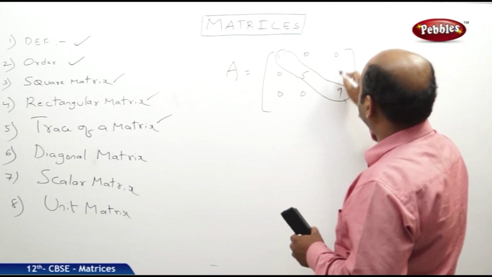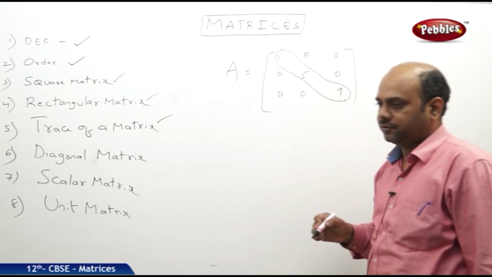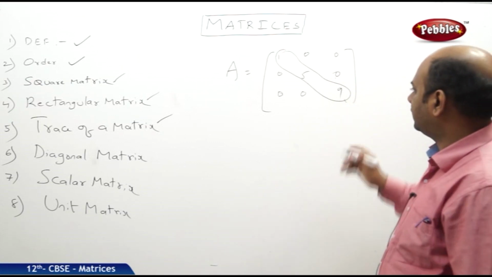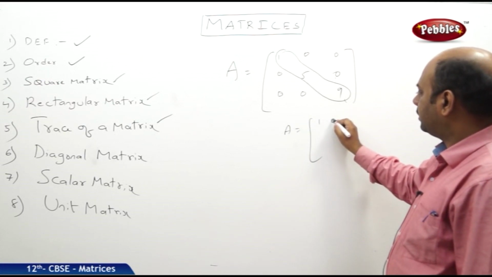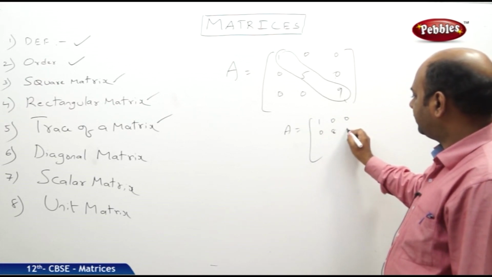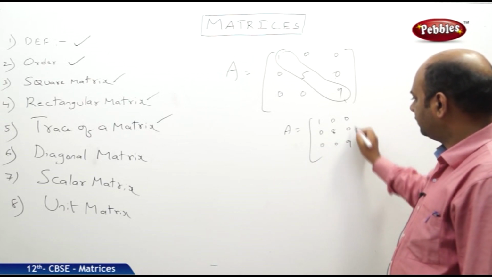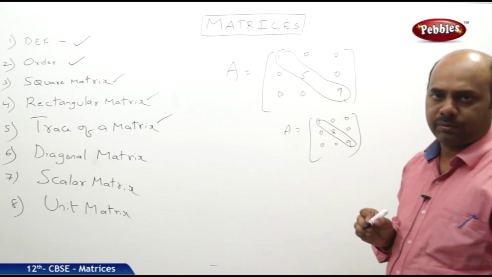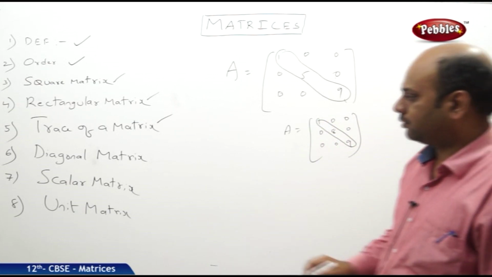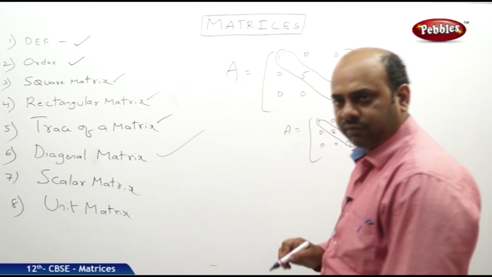Only the diagonal elements remain, all remaining elements should be zeros. See how beautifully we are getting. Another example of a diagonal matrix I can write like this: 1 0 0, 0 8 0, 0 0 9. That means there should be only diagonal elements and the remaining elements should be zeros. So the diagonal matrix is finished.